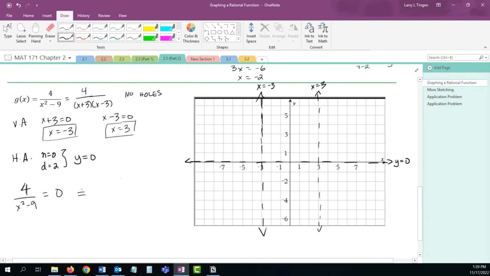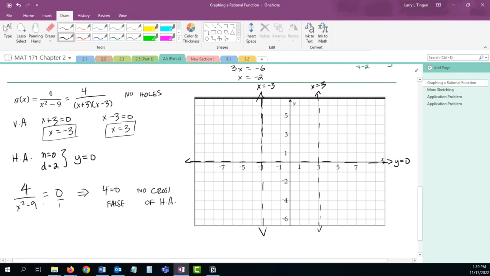I'm going to run into the exact same thing I did before. If I set this up to be cross multiplication, what I'm going to end up with is 4 equals 0, which is false. So once again, no cross of the horizontal asymptote.